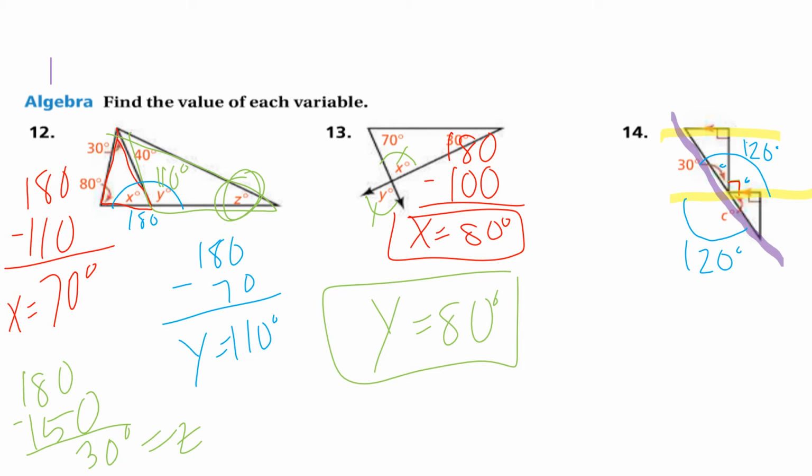Now it's kind of hard to tell, but you can see that from here to here is 180, right? And we are missing this value here, which is our C. If one piece of it is 120, the other piece has to be 60. So 180 minus 120 is 60, which is what our C would be.